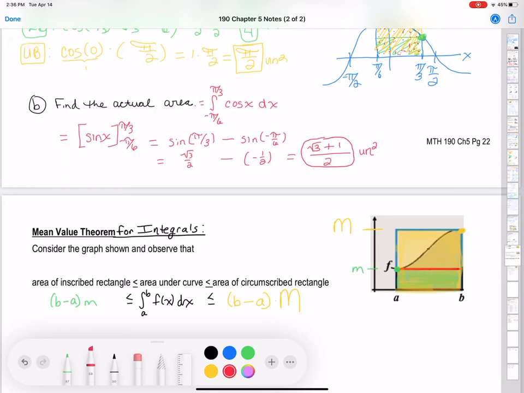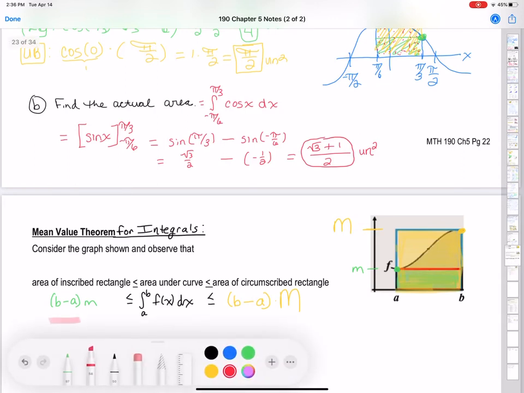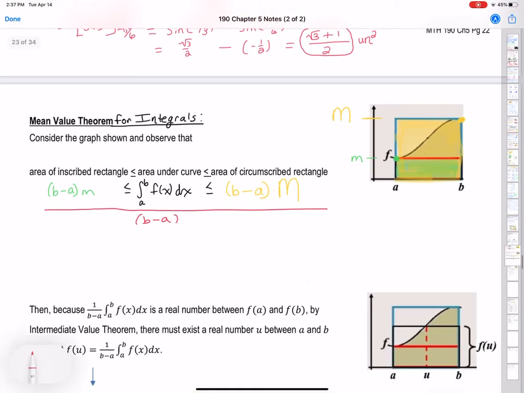All right, so now let's take this inequality, and divide all portions of it through by the width b minus a.